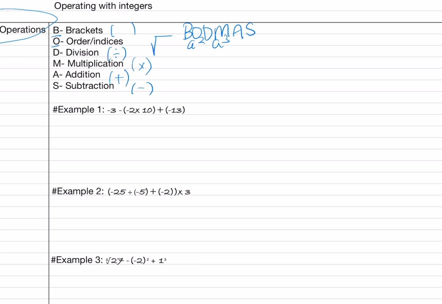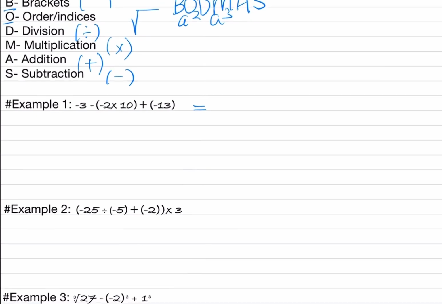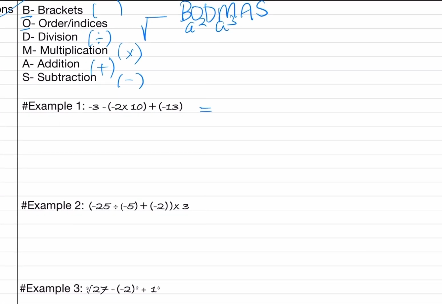So in example 1, we will look at this. Applying this BODMAS rule, what comes first? Brackets come first. We're going to solve all the things that are in the bracket. So minus 3 minus, we're just simply going to copy it. And we will solve the one in the bracket. 2 multiplied by 10 gives us 20.